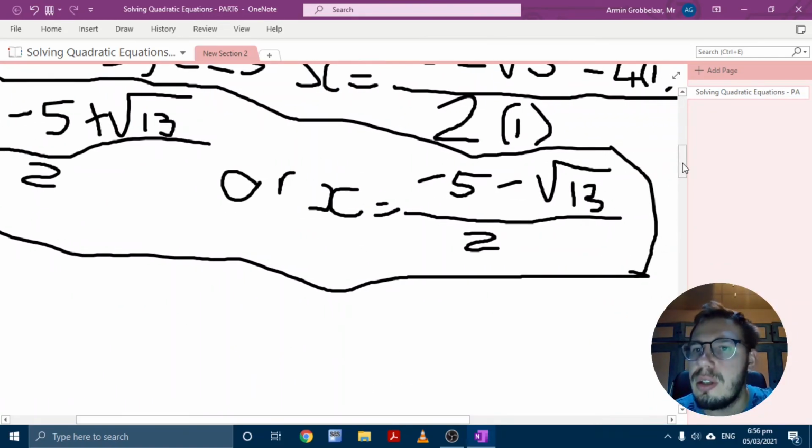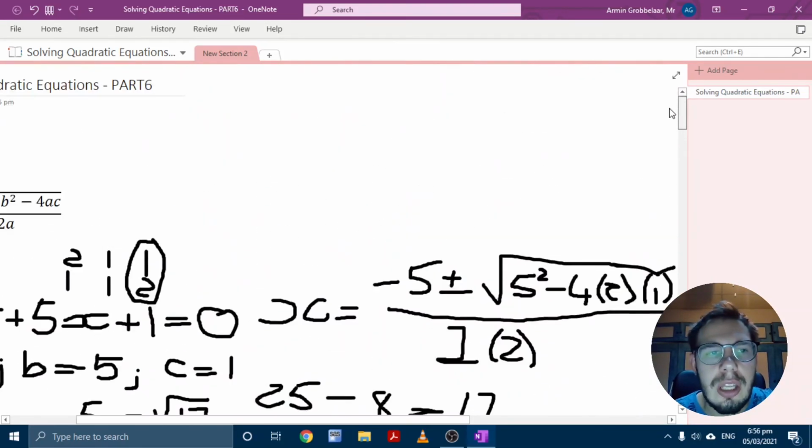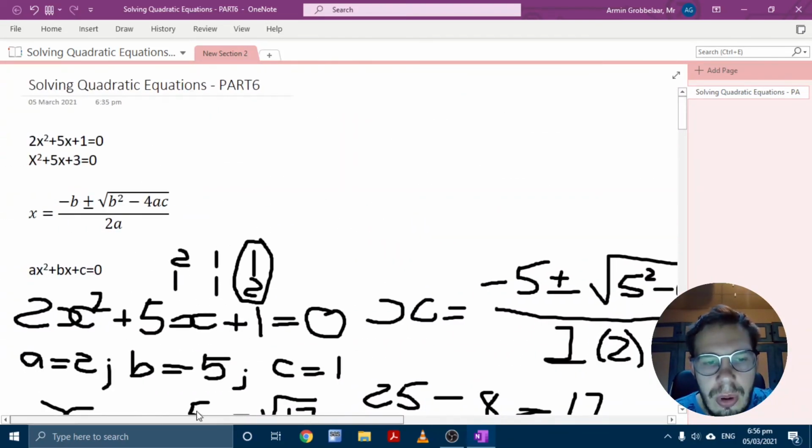So that is the method to solving quadratic equations that require the formula, and it all just comes down to getting a, b and c and substituting it into the formula.